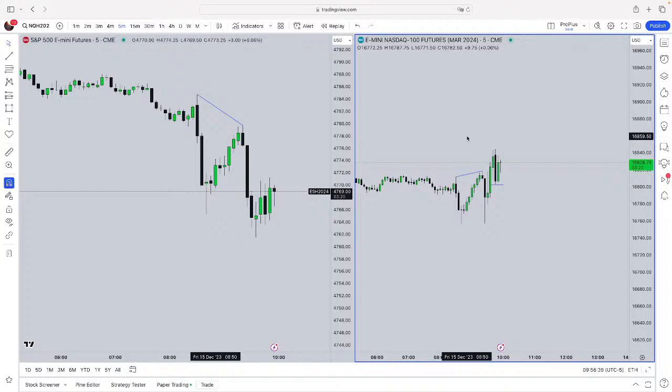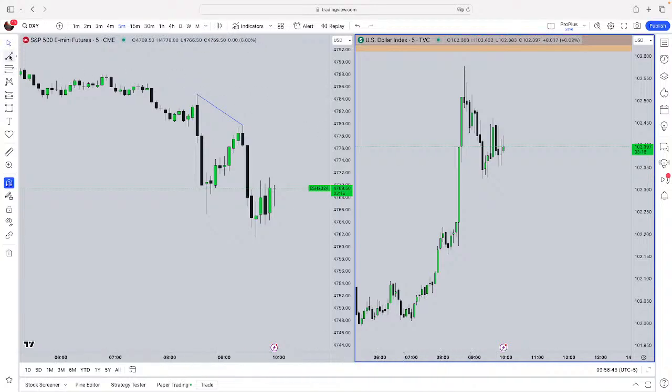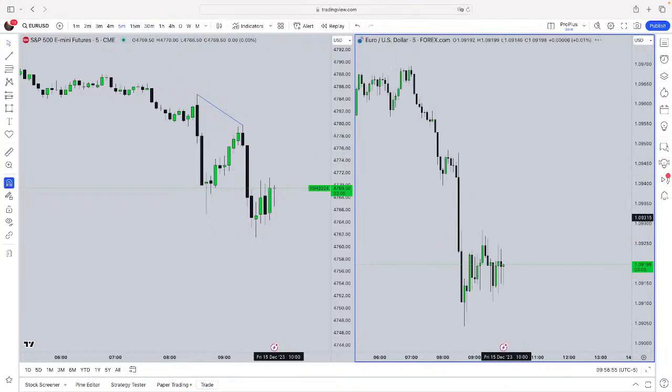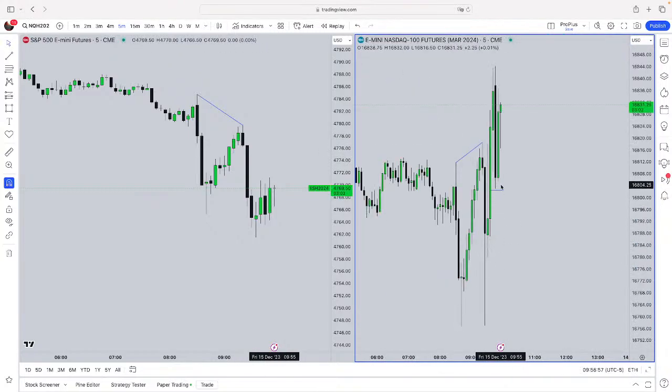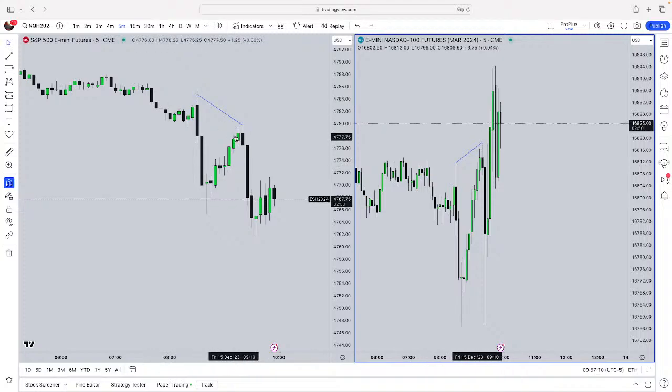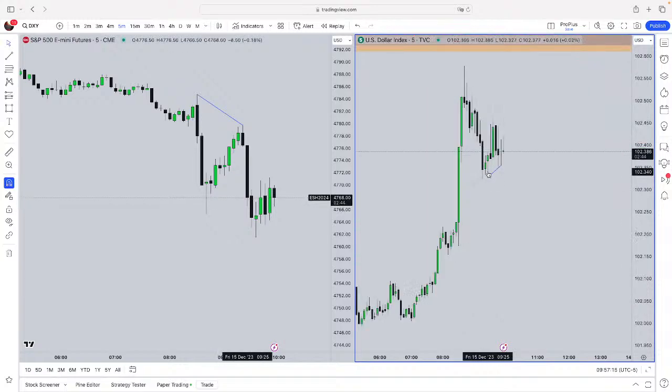And then you have to get one with dollar as well. 9:20 candle. So a higher low. Where's a higher high and a lower high. So yeah, that is S&T. Because that's bearish, bullish, and that's bullish.